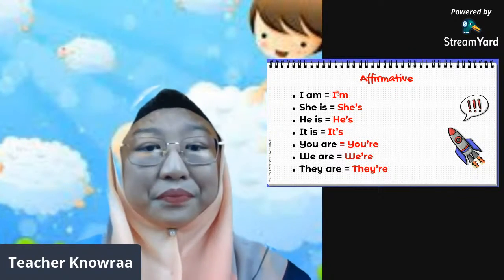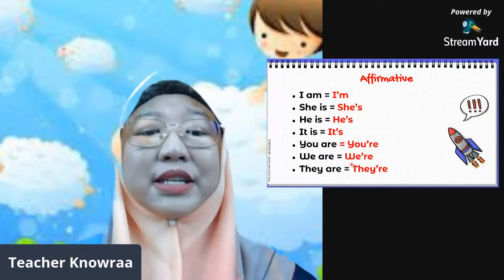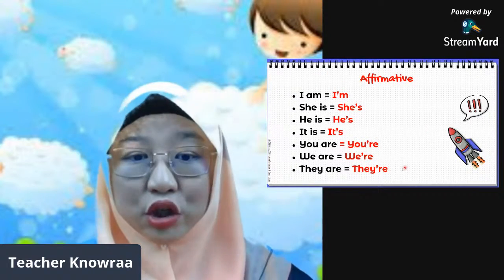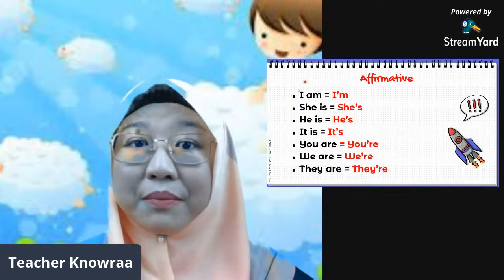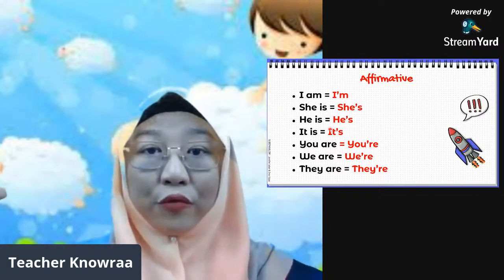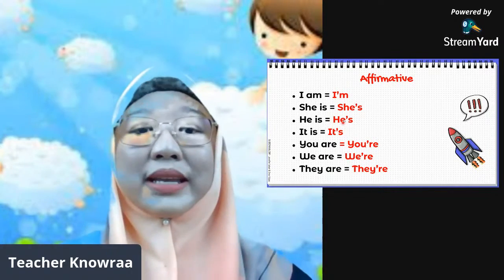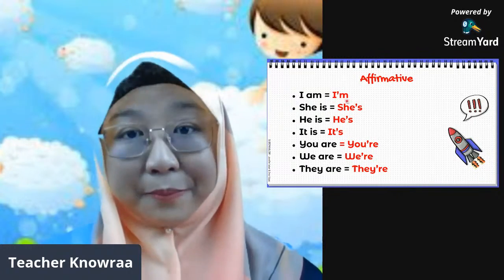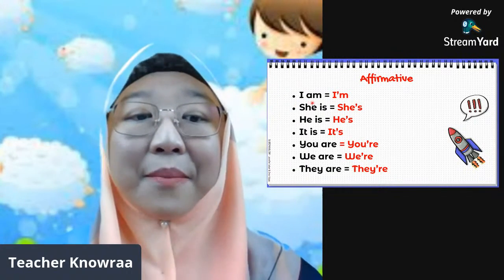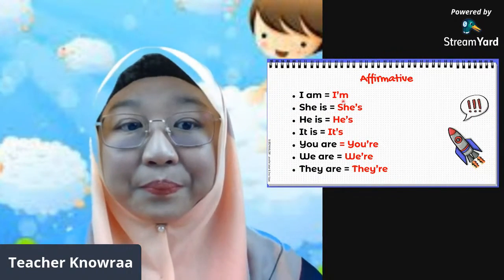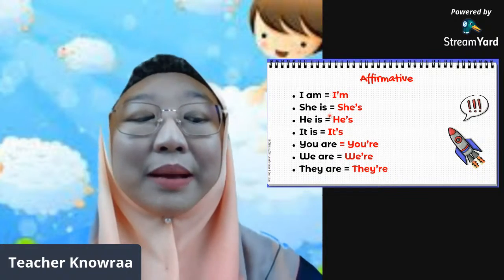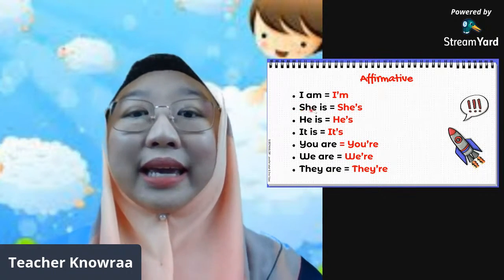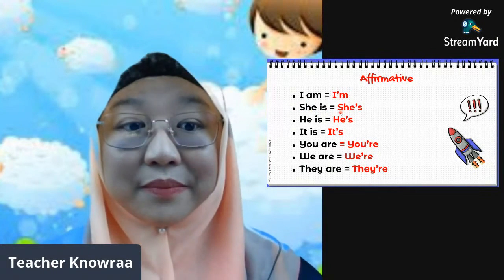So, you will learn this is the full form, this is the short form. Yang warna hitam ni, black ni, full form, yang penuh. In red is the short form. So, I am becomes I'm. She is becomes she's.